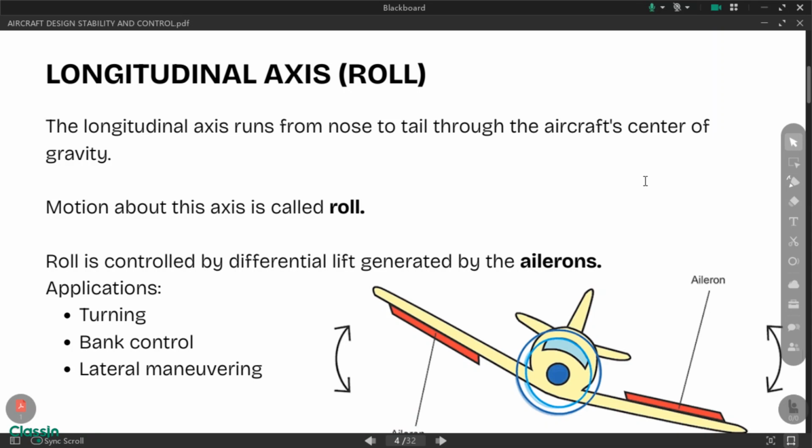So, sa longitudinal axis, again, it extends from nose to tail ng aircraft natin, no? And then, yung motion or yung rotation about this axis, yun nga, is roll. So, pag yung aircraft natin nagbabank ng left to right, yun nga, it is rolling about its longitudinal axis.